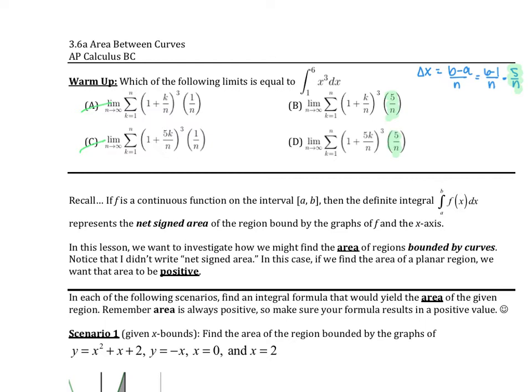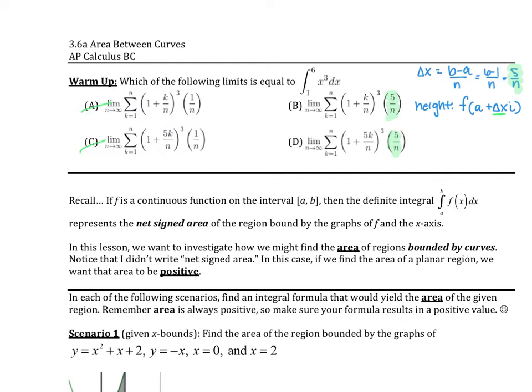Then I need to go and find the height of that rectangle. Remember, to find the height, we use the expression f of a plus delta x i. The a is still that same a that came from the bounds of my integral. Delta x we just found, so we're substituting that into the function that was given.